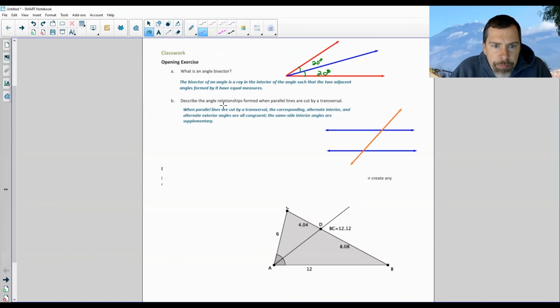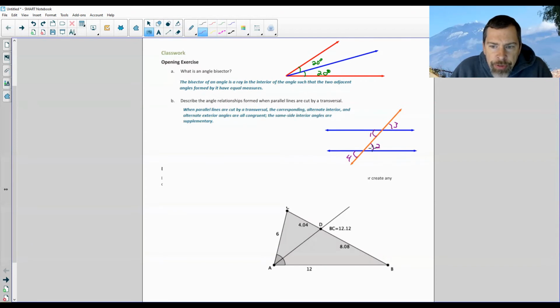Then this corresponds with this. Alternate interior would be angle 1 and angle 2. And alternate exterior, so let's call this 3 and this 4. So angle 3 is congruent to 4, they're alternate exteriors. Angle 1 is congruent to 2 because they're alternate interiors.